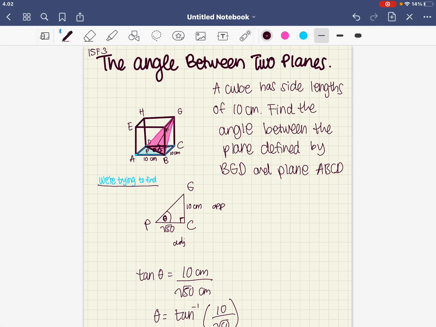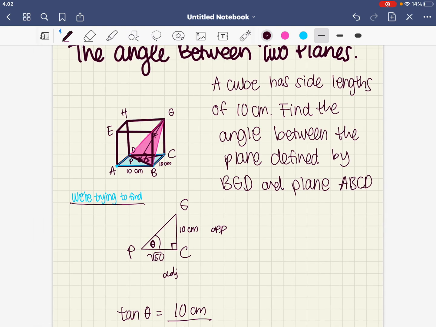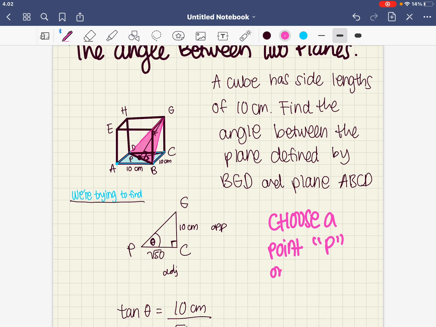So gotta be careful because the angle between two planes, remember that here's the key here. You need to choose a point P, or you can name it anything you want, on the line where the two planes meet.